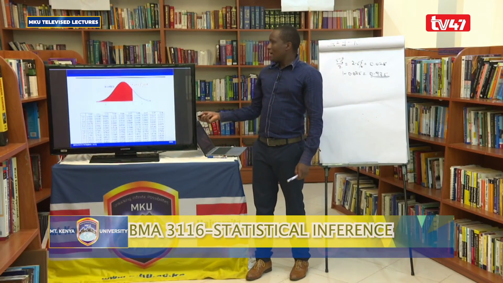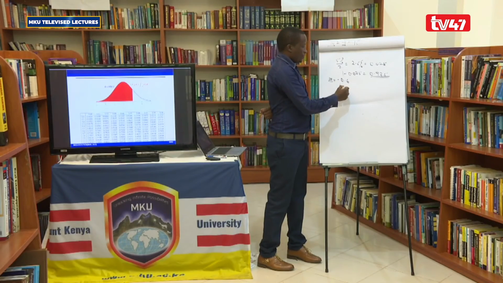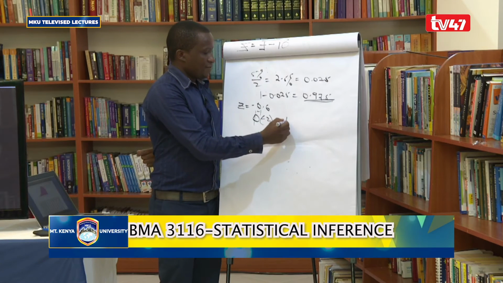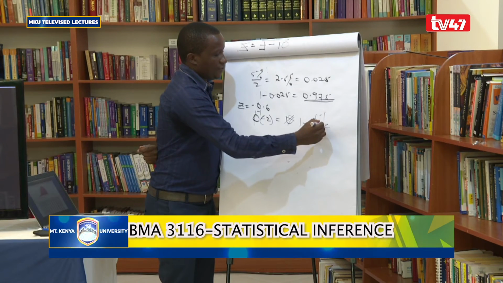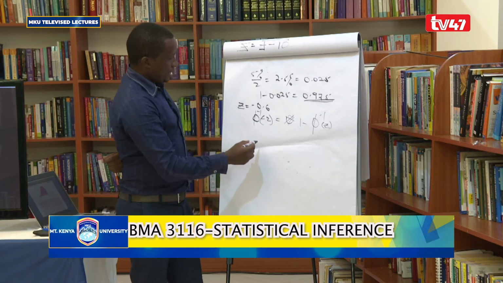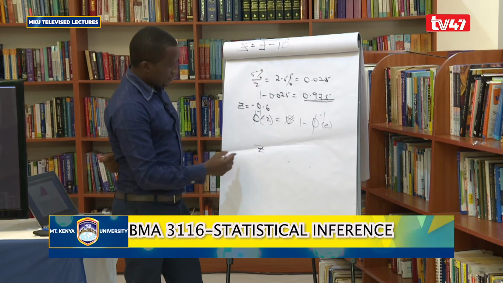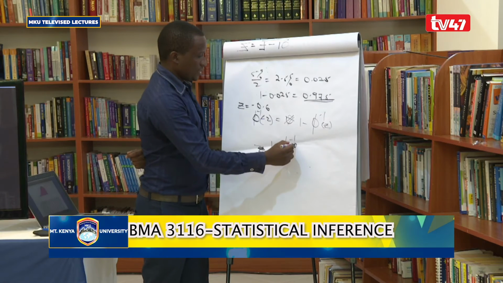So we go back to the illustrative table, and we notice that our Z value has been negative 0.6. So we have to convert, because the table is positive, then we are looking for phi of negative Z, which is the same as 1 minus phi of Z. So this will mean that we get 1 minus phi of 0.6.